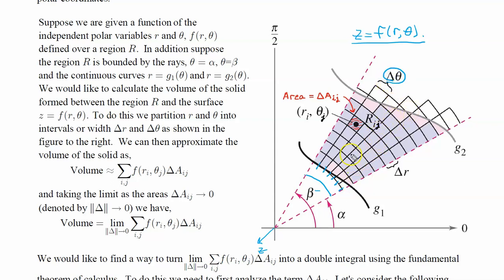So each of these angles right here, this angle right there, is a delta theta. Each one of these angles is a delta theta. We also partition r into subintervals of width delta r. So each of these distances here, that distance, this distance, this distance, those are all a distance delta r.